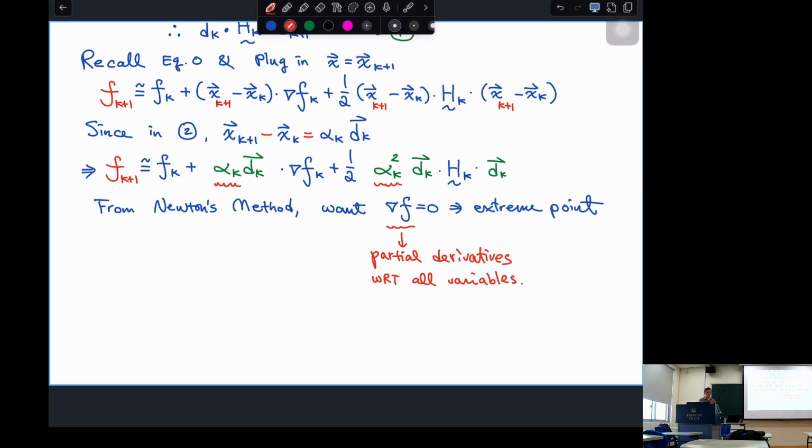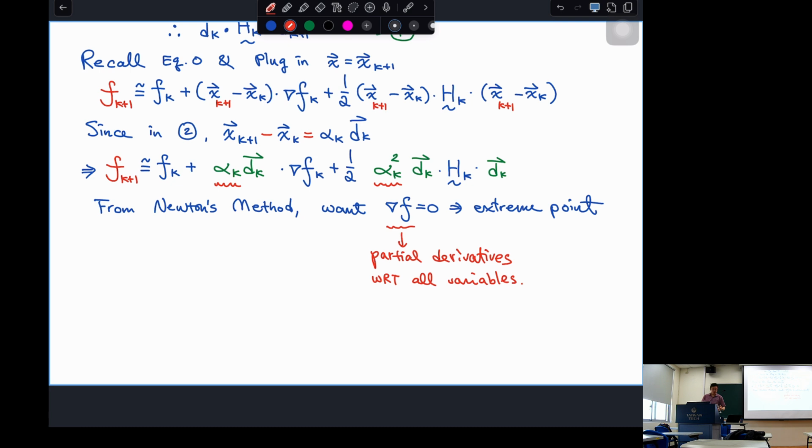Because right here, fk is known. If you know xk, you plug in your function, you know your fk. You know the gradient fk. You know your Hessian k. They are terms that could be evaluated.